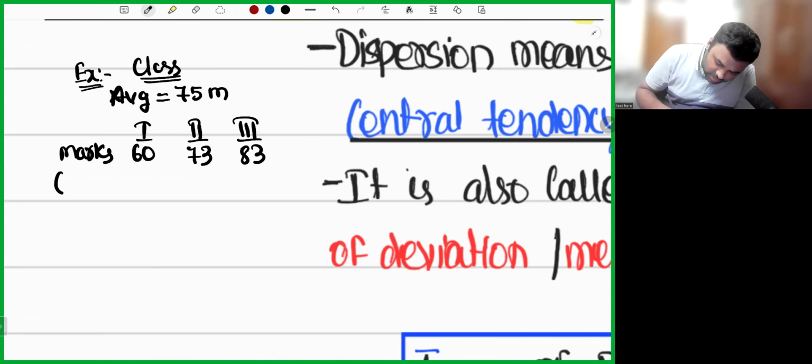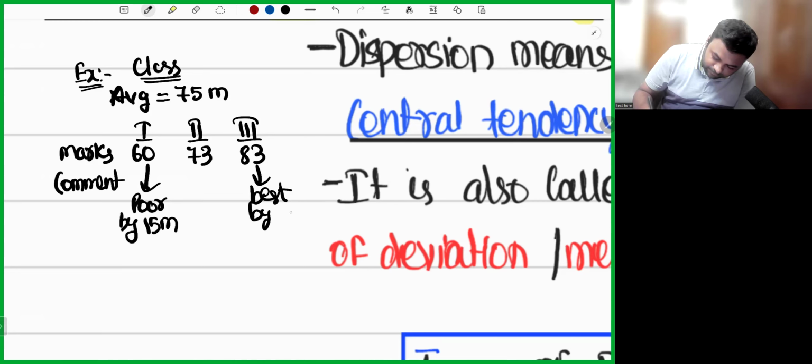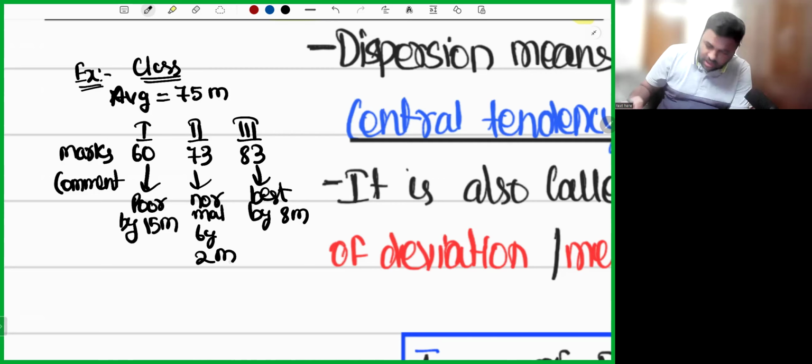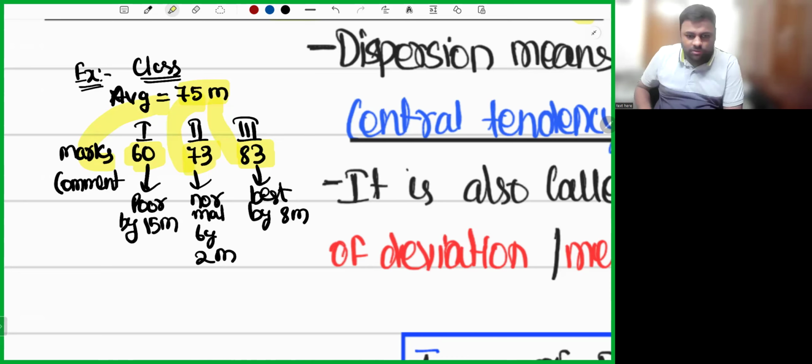What can you comment on these people? I can say student 1 is a poor student by 15 marks, student 3 is the best student by 8 marks, and student 2 is a normal student by 2 marks, right? So what you are doing is calculating the deviation of observations from the central tendency value. To calculate the deviation of observations from the central tendency value, we call it dispersion.